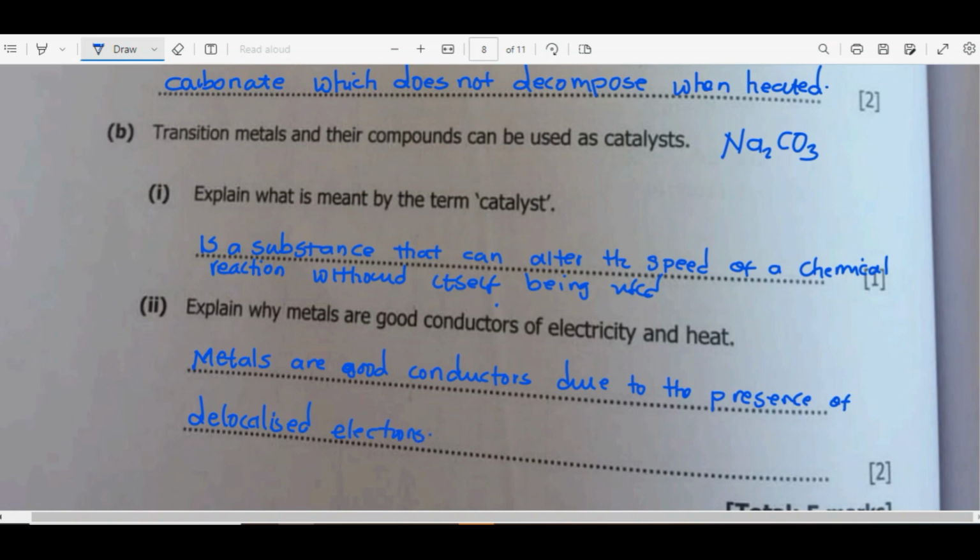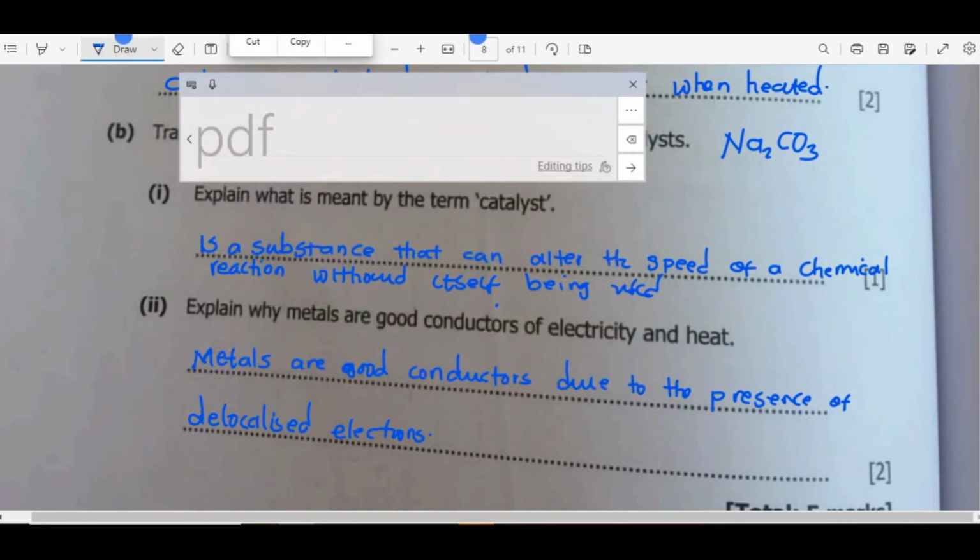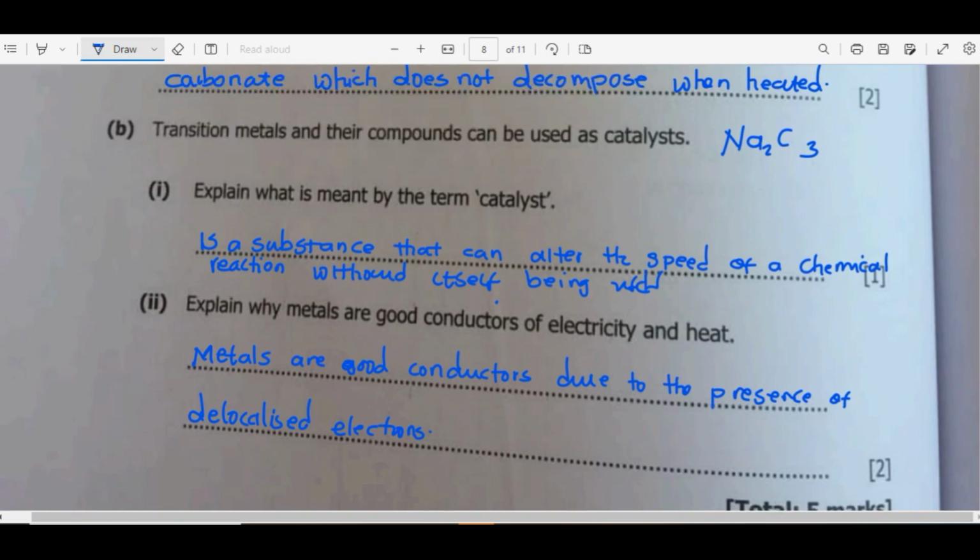If you look at the delocalized electrons, these are electrons that are free to move.